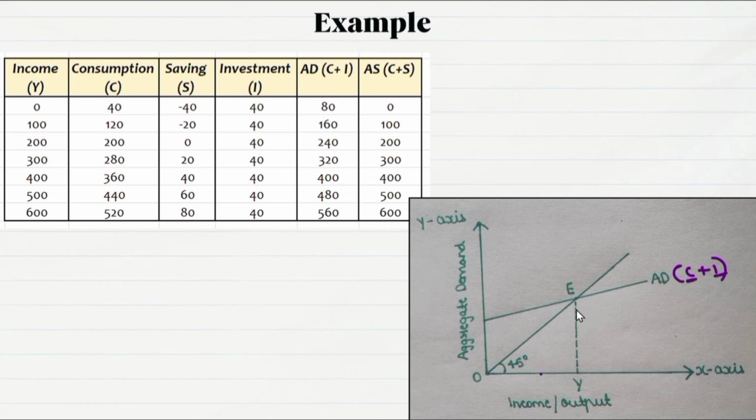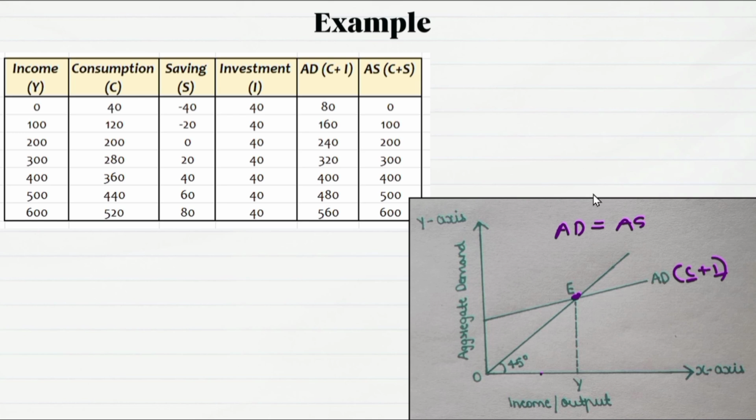And the economy is in equilibrium at point E, where the AD curve is intersecting the AS curve, that is the 45-degree line. So at point E, the level of desired spending, that is AD, on consumption and investment is exactly equal to the level of total output.